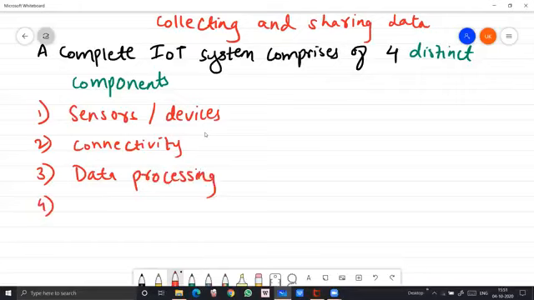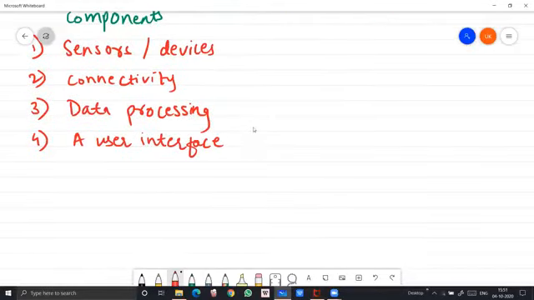And the fourth one is your user interface, because to utilize the technology there should be some user interface. Through this user interface, we can access the technology and utilize its different features and aspects.